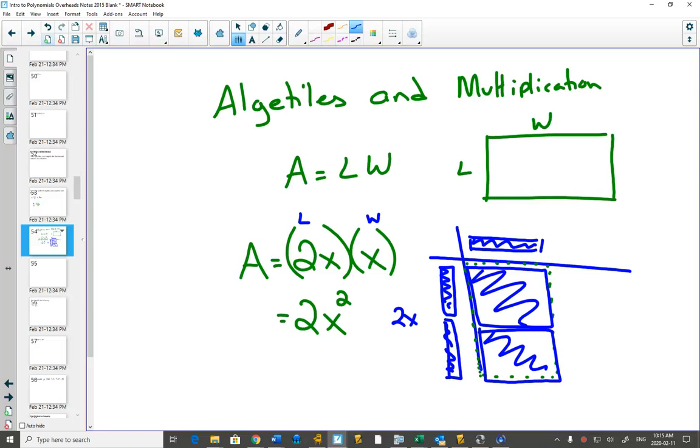I'll come around and show each of you. Wow, if I can hold it without it falling apart. You could put 2x on one side, 1x on the other, and the area that fills up is 2x squared. So that's the same as the picture that I drew on the board.